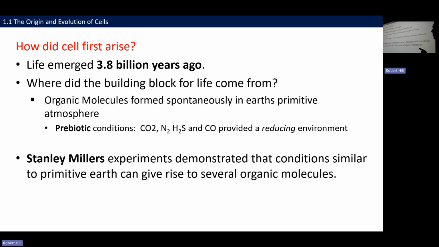So when we talk about prebiotic conditions, we talk about conditions before life was around. So the environment of the earth prebiotically was very different. You had high levels of carbon dioxide, nitrogen, hydrogen sulfide, and carbon monoxide. So a pretty toxic environment, something we wouldn't be able to survive in today.